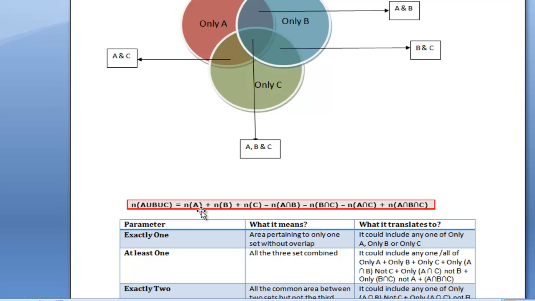What does it mean? It simply means that I am taking the set n of A, which means all those who have taken mathematics, which is a complete set which I marked in pink.